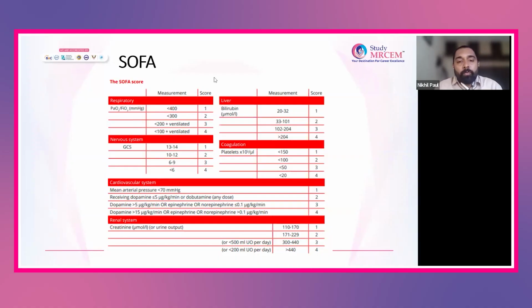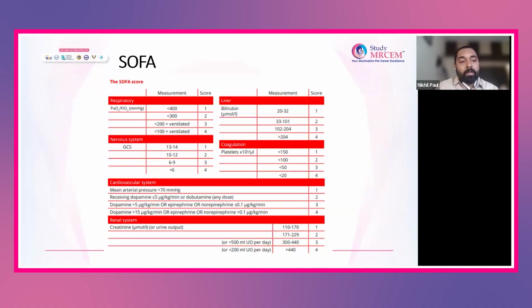Then we also have one score called qSOFA score. It's a quick screening tool. So we have any documented or suspected infection, a patient coming in with an infection, with 3 components. We have altered mental status, that is GCS less than 15. We have respiratory rate more than 22.